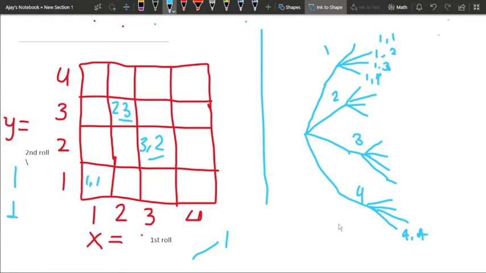A diagram of this kind, we call it a tree. You can think of this as the root of the tree from which you start, and the endpoints of the tree, we usually call them the leaves.